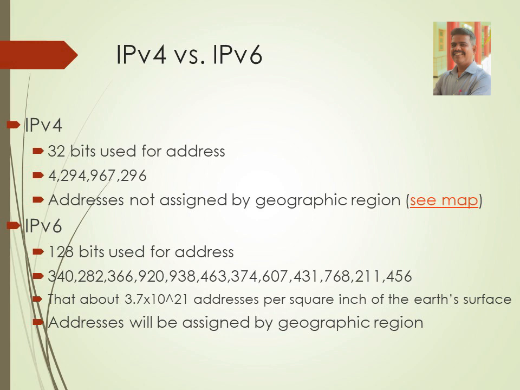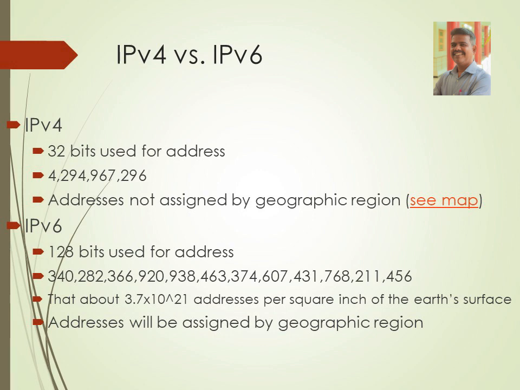In IP address 4, the checksum field is available. In IP address 6, the checksum field is not available. In IP address version 4, packet flow identification is not available. In IP address version 6, packet flow identification is available.